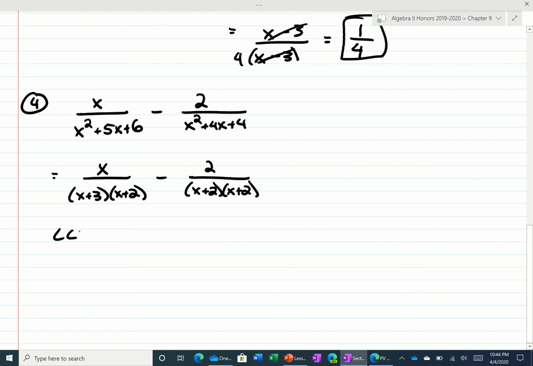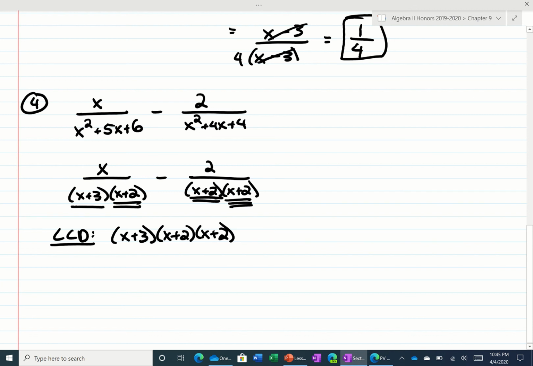And let's see what our least common denominator is. This has an x plus 3. All of them need an x plus 3. So I'm going to have to multiply the one on the right by it. This has a factor of x plus 2. So does this one. All of them need a factor of x plus 2. This one actually has another factor of x plus 2.